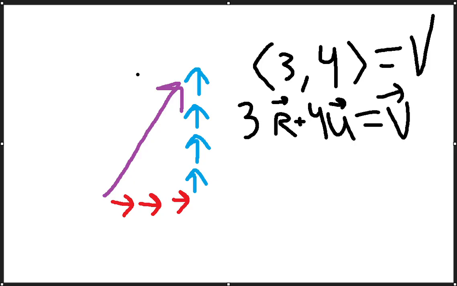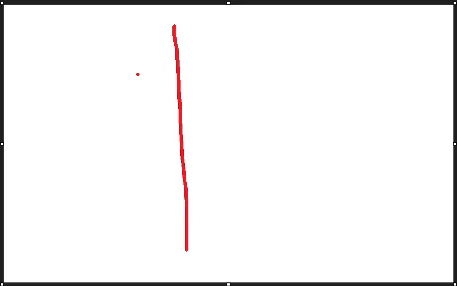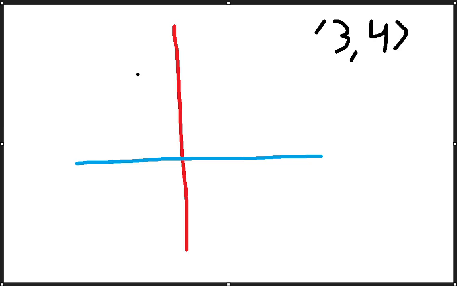And this is true, say, on a grid. For example, if we have the xy grid, we have the y and x. And if we draw that vector again, was it 3, 4?